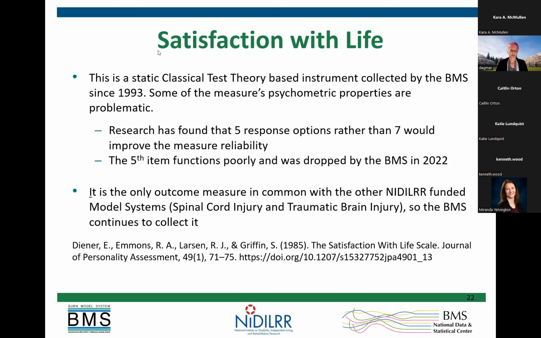That means that, from our analyses, it seems that people are unable to reliably discriminate 7 different levels of satisfaction with life, and that 5 would be sufficient. We also found that the 5th item did not function well, and in fact lowered the reliability of the scale score. And so we actually dropped the 5th item, and I'll show you what that item is.